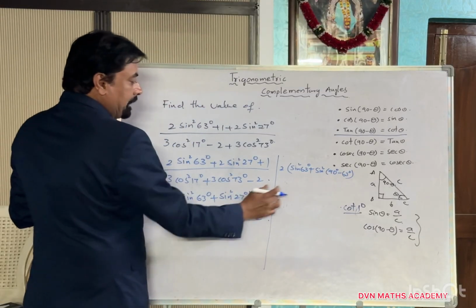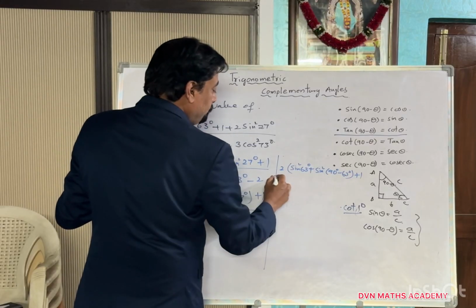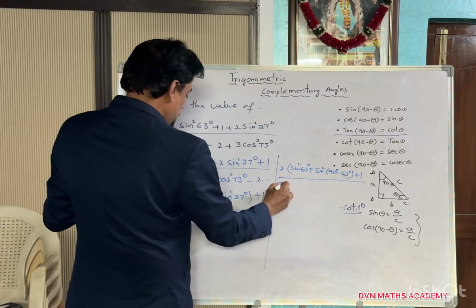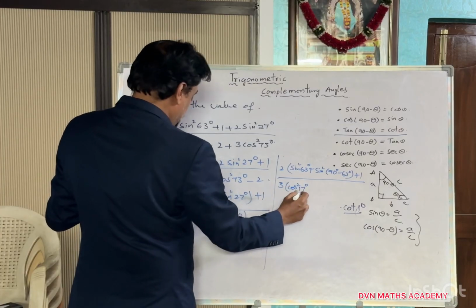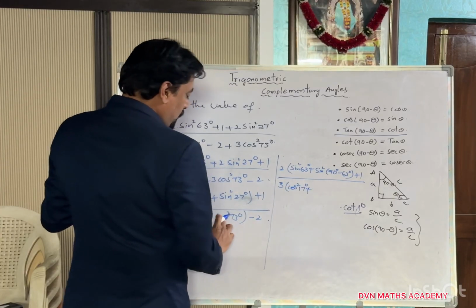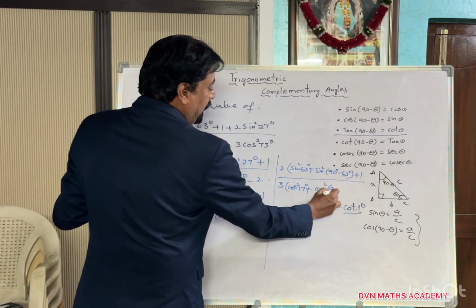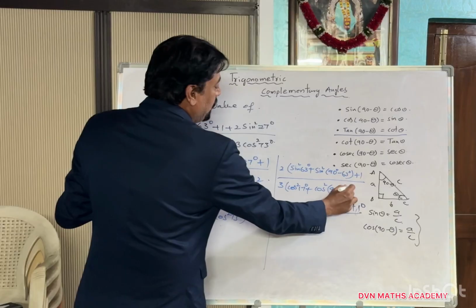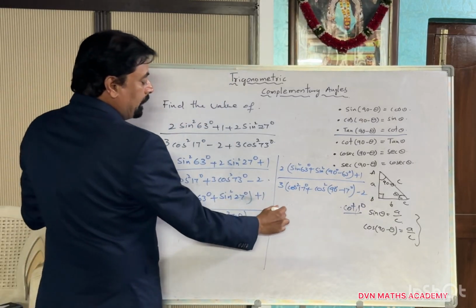This 27 degrees I wrote as 90 minus 63, plus 1. And in the denominator also, 3 into cos square 17 degrees plus this cos square 73 degrees, I am writing cos square of 90 minus 17 degrees, minus 2. Now it is easy to solve.